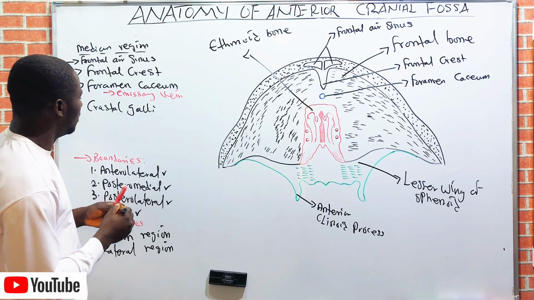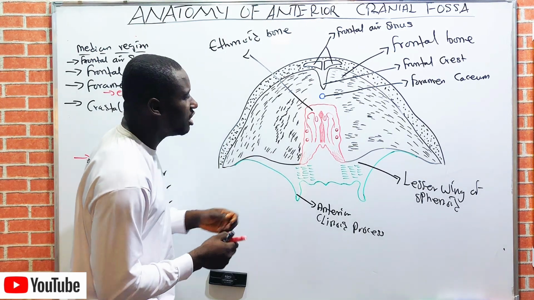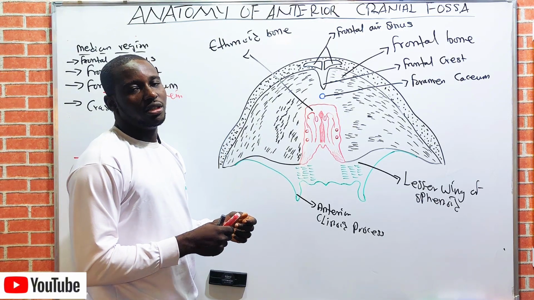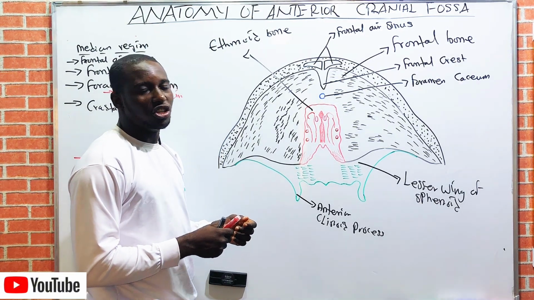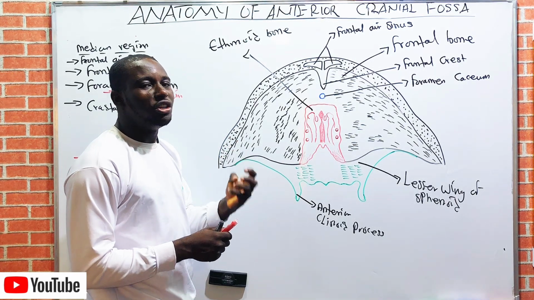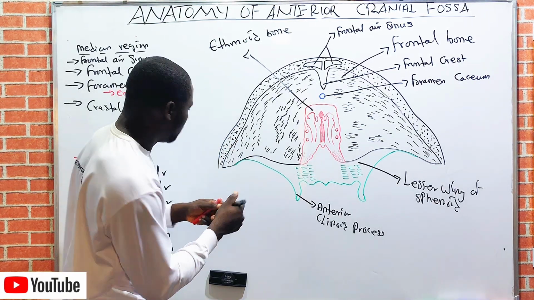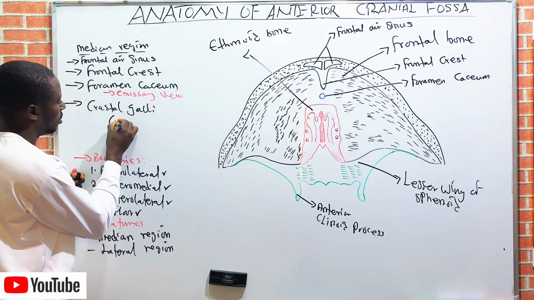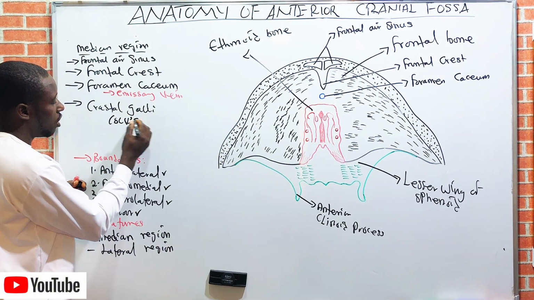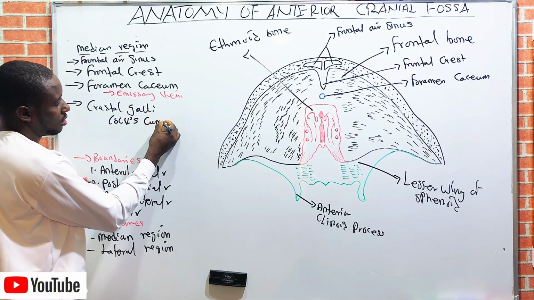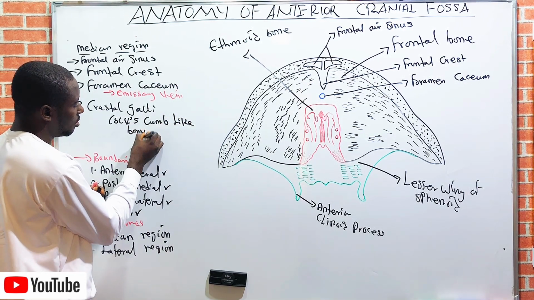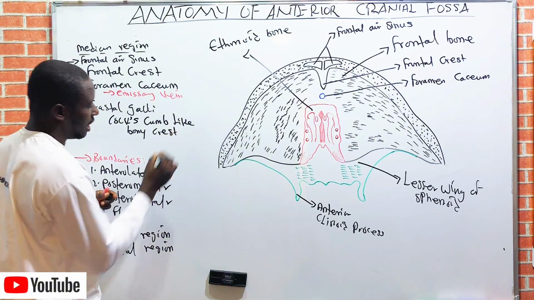The crista galli is a cock's comb-like bony crest or projection.